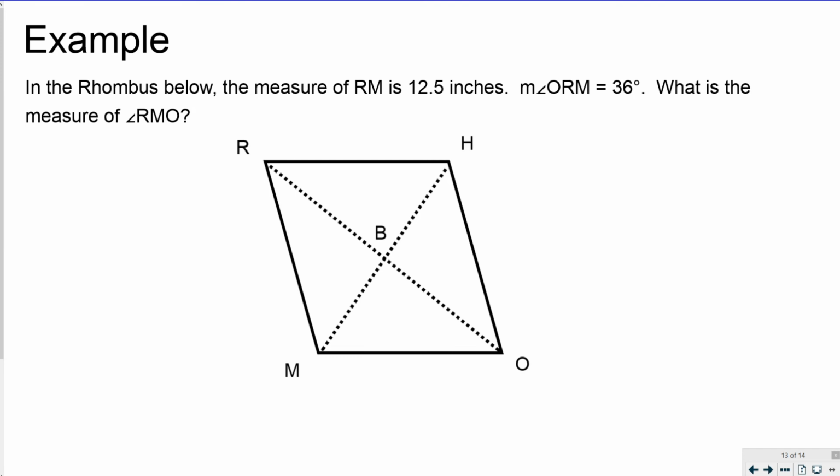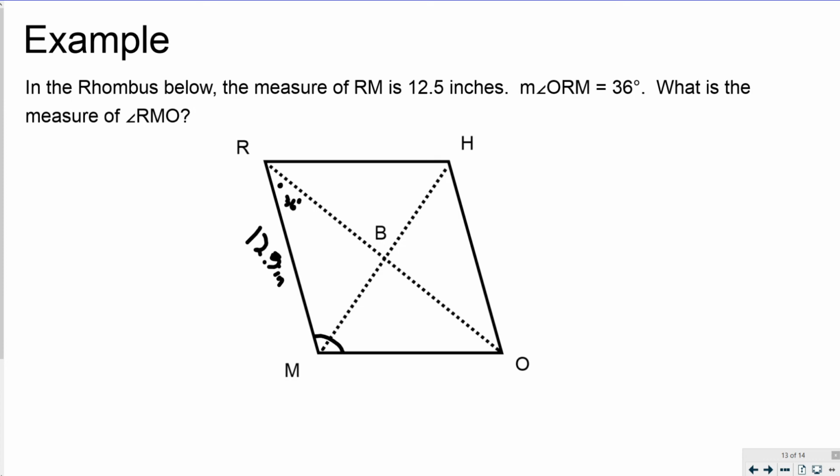All right, last example, in the rhombus below, the measure of RM is 12.5 inches. And then the measure of ORM, so this angle here, is 36 degrees. What is the measure of RMO? So they're asking me to find this whole measurement right here.